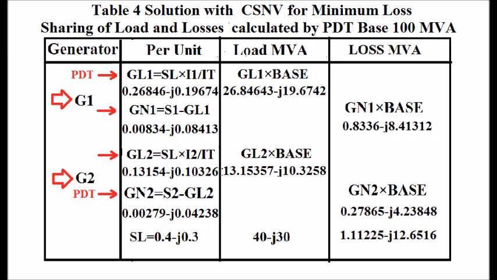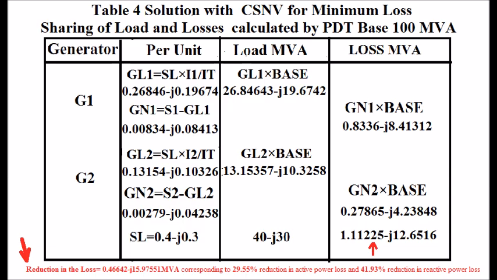The results are obtained by the common source node voltage operation for minimum loss. Note that the loss is reduced to 1.11225 minus j12.6516 MVA.